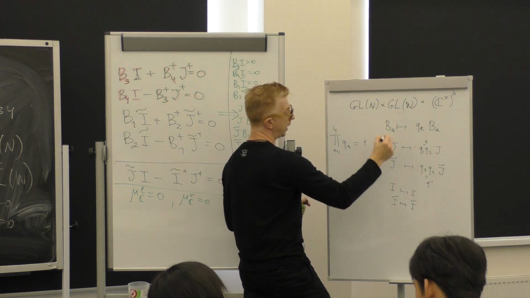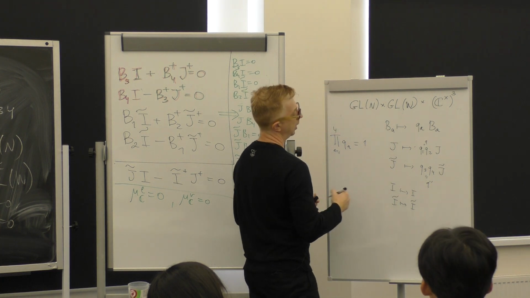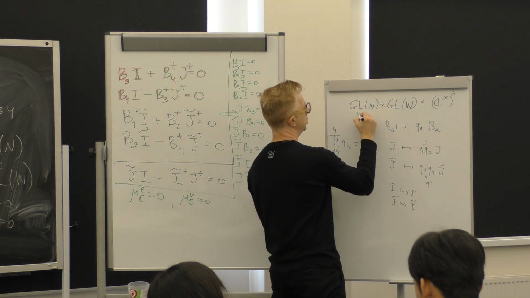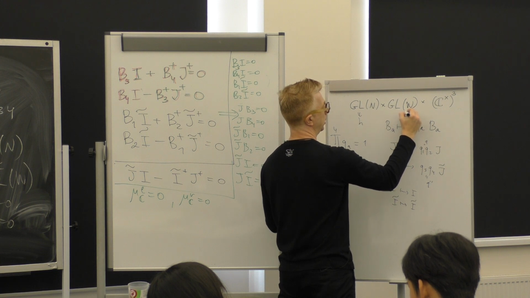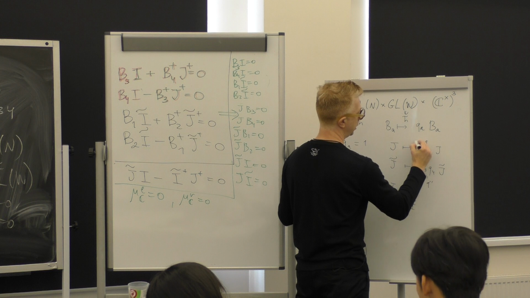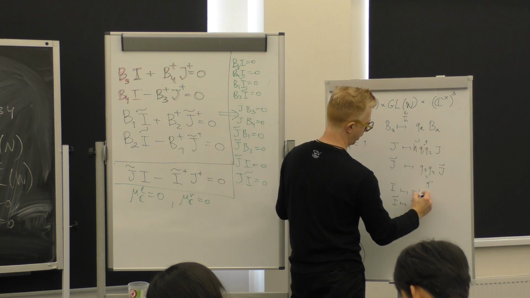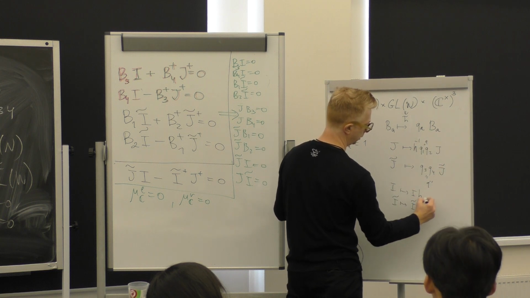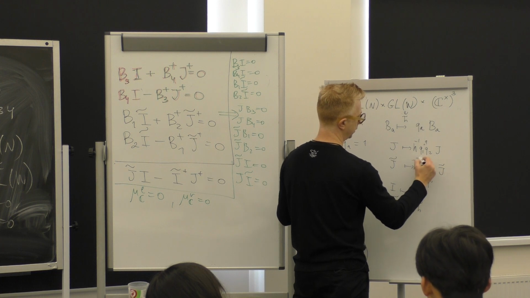And then GLN: if H is in GLN and H tilde is in GLW, then there is also H inverse, H tilde inverse.